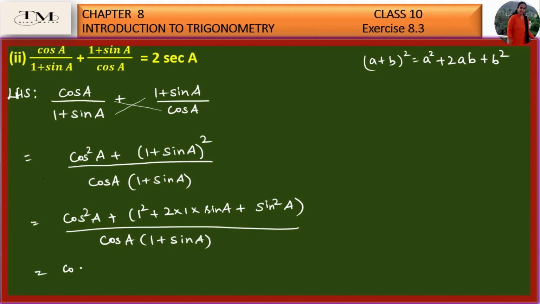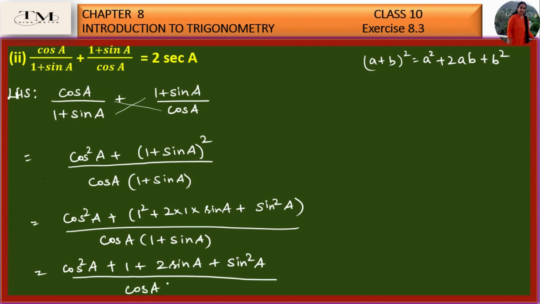So now it is cos square A plus 1 square is 1, plus 2 into 1, it is 2 sin A, plus sin square A, divided by cos A into (1 plus sin A).